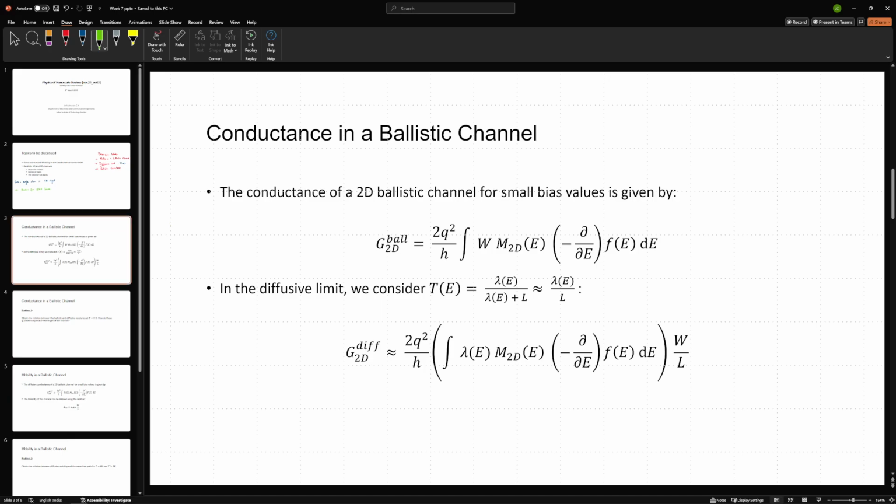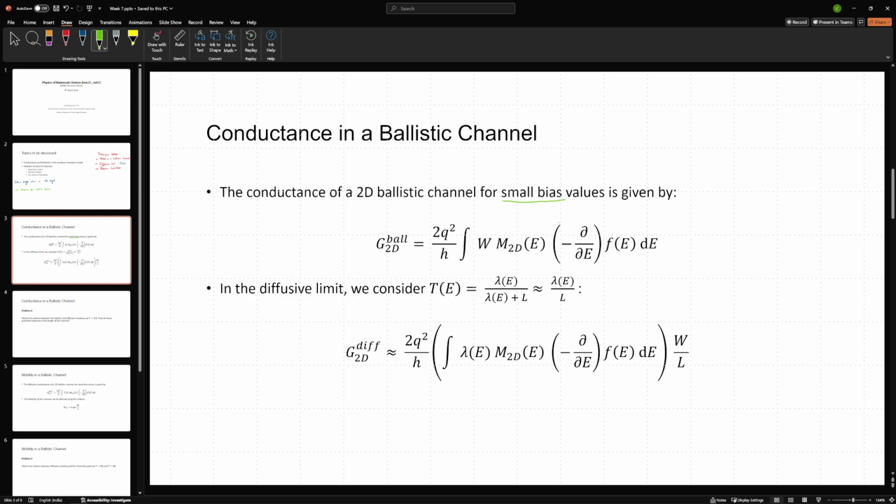Beginning today's session in earnest. Now we know that the 2D conductance for a ballistic channel, for small biases, is given by this integral.